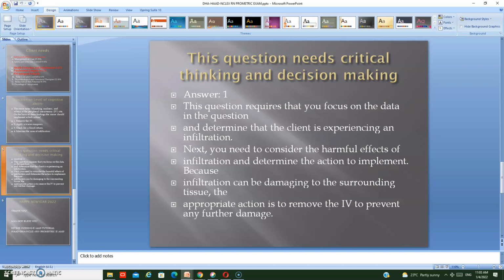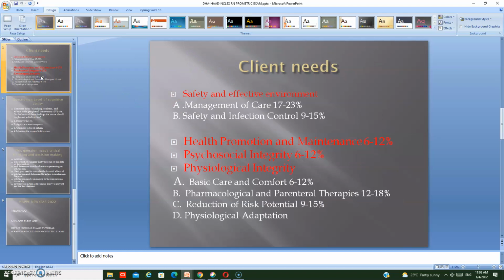So here we use critical thinking and decision making, which depends on the level of cognitive ability. These are the criteria you have to know. There are four major criteria. The first is safe and effective environment, under which are management of care and safety and infection control.